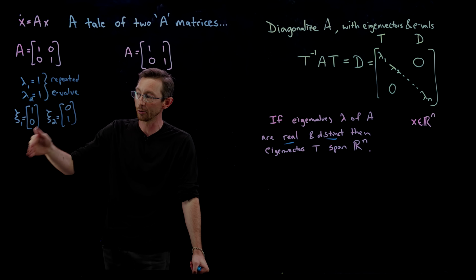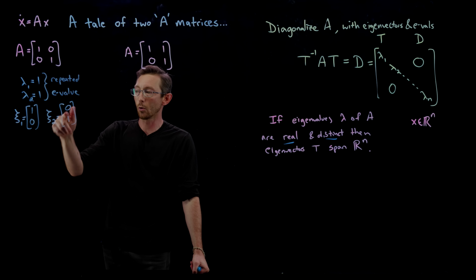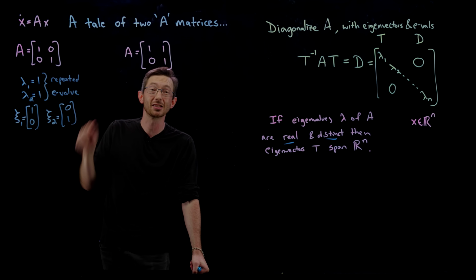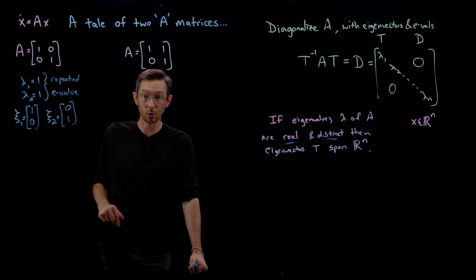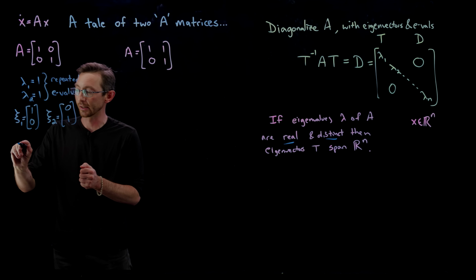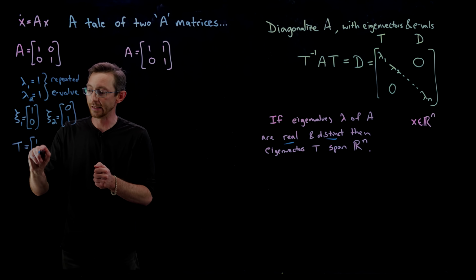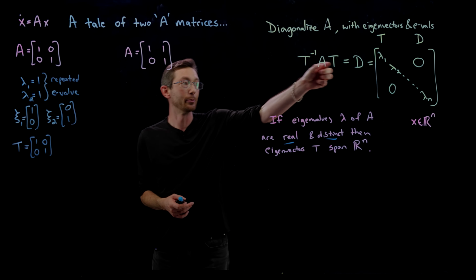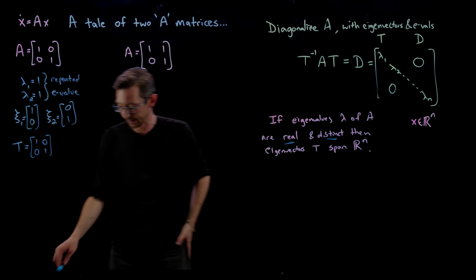So the normal kind of x and y coordinates, x and y unit vectors, are already going to diagonalize the system because it's already diagonal. I don't have to do any change of coordinates. So my T matrix, if you like, is going to be the identity because it's already diagonal. My system's already diagonal, so I only multiply it by the identity to diagonalize it.